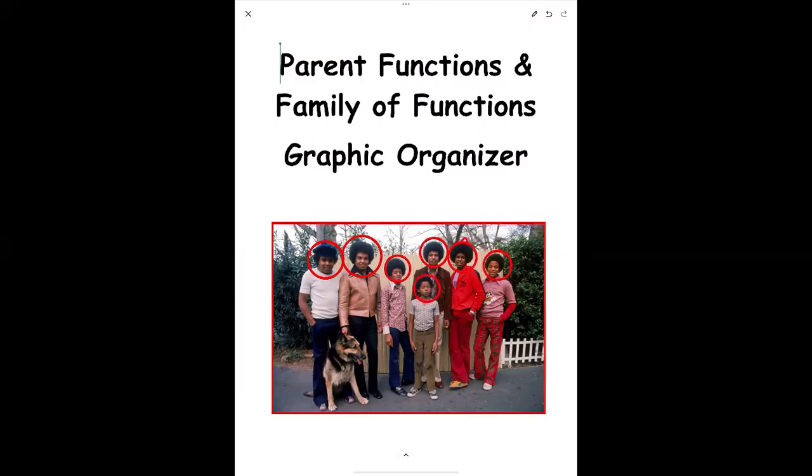Now, the reason I started with this is even though they don't all look alike, or they're not identical, you can tell that this is the parent and these are his sons. It's obvious that they are related to each other, right? So even though they don't all look like Joe Jackson, you can see that they resemble Joe Jackson, and they also look alike. So that's why we consider this a family.